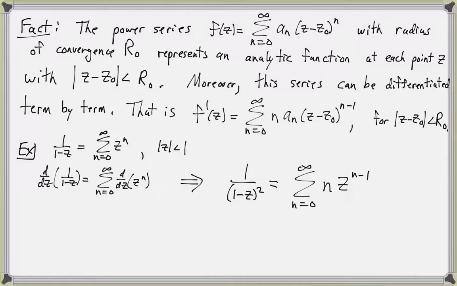Now, the first term of this series would be equal to 0, so by changing the values for n, we can actually write this as 1 over 1 minus z quantity squared. We can write this as the series n equals 0 to infinity of n plus 1 times z to the n. So this way, the first term of this series is no longer 0.